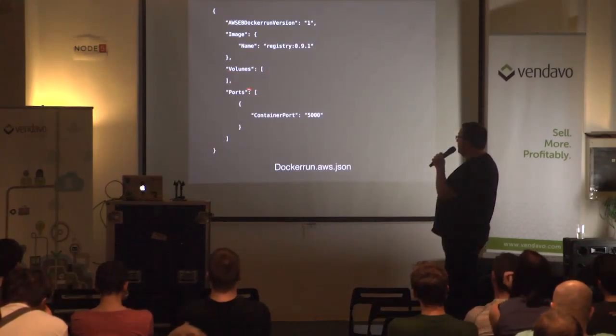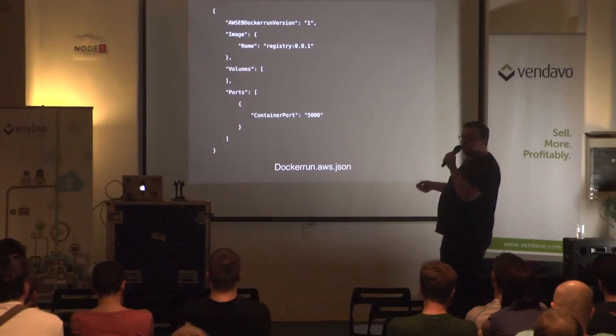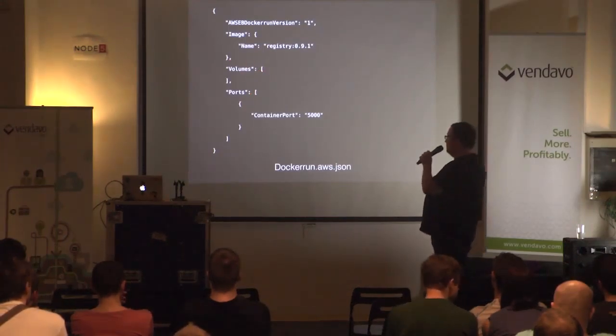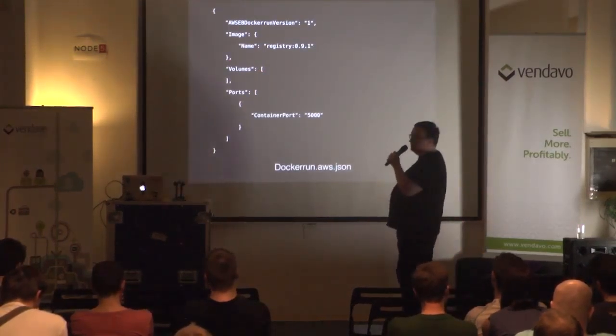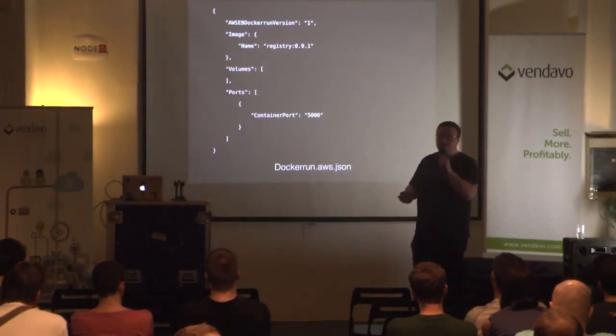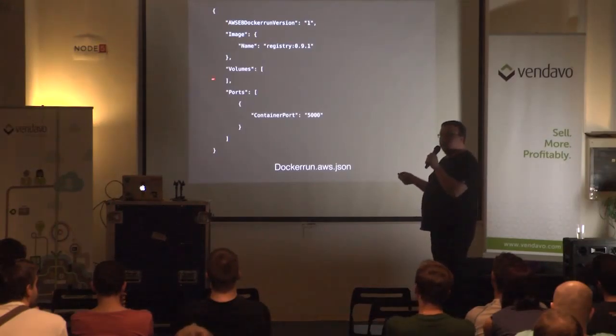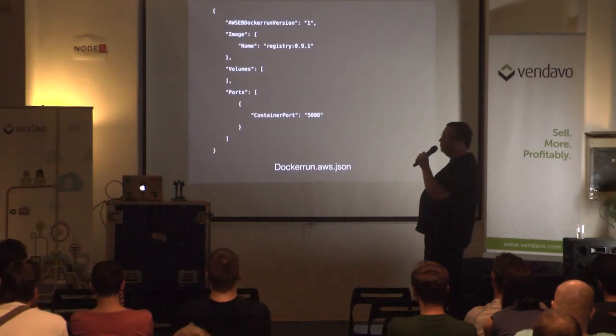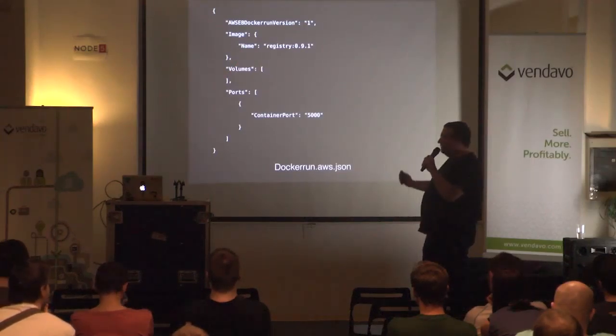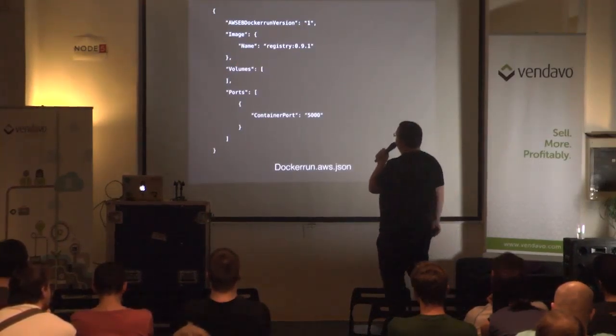You can provide the volumes. Maybe you can ask why I have volumes here that is empty. That is because the deployment scripts have a bug. If you omit the volumes, it crashes. They use the jq tool for some checking, and if volumes are not here, it crashes the deployment.